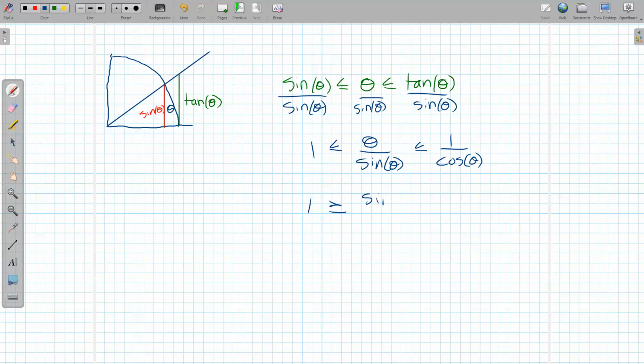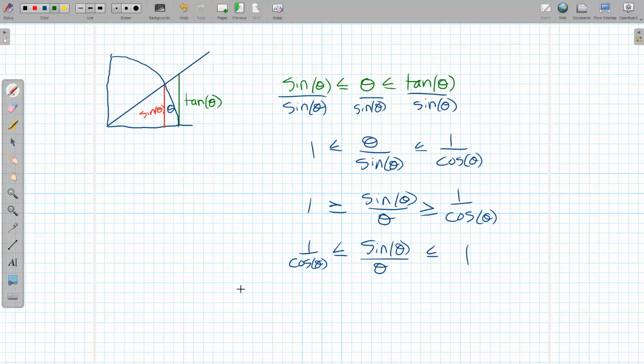So that becomes sine theta over theta, and then this becomes 1 over cosine of theta. And then we're going to reverse it again. So rewriting it so the inequalities are facing this way, then the 1 over cosine ends up over here, 1 goes there, and the sine of theta is in the middle. So now I've done a little algebra, I've got the thing I'm interested in, I can apply limits.